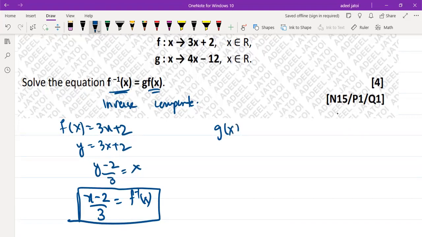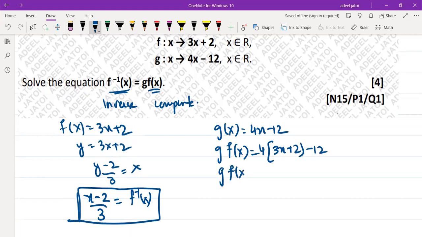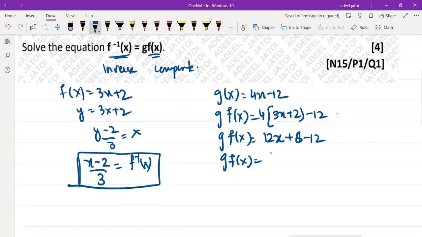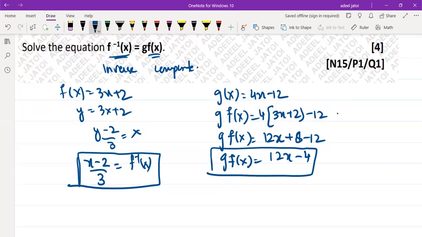For g(x) is given 4x minus 12. g(f(x)) means, substitute f(x) in the function of g(x). 4 times 3x plus 2 minus 12. g(f(x)) is equal to 12x plus 8 minus 12. g(f(x)) becomes 12x minus 4. Now, this is the function for g(f(x)).